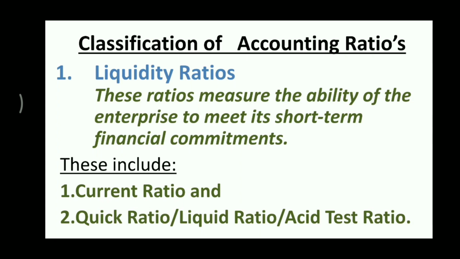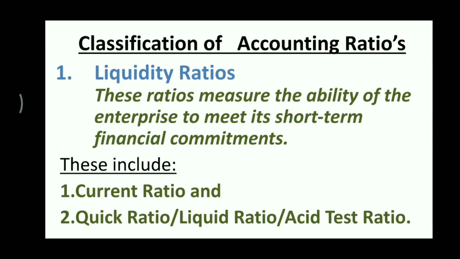Under liquidity ratio, two types of ratios are there. First is current ratio and second is quick ratio. Quick ratio is also known as liquid ratio or acid test ratio.